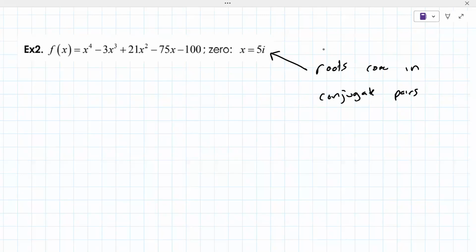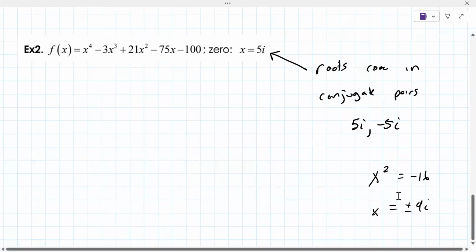And it's not just the i's, but we'll get to that. So if it's 5i, that means minus 5i is also a root. Like, let's say you're solving x squared equals negative 16, it's plus or minus 4i. These always come in pairs.